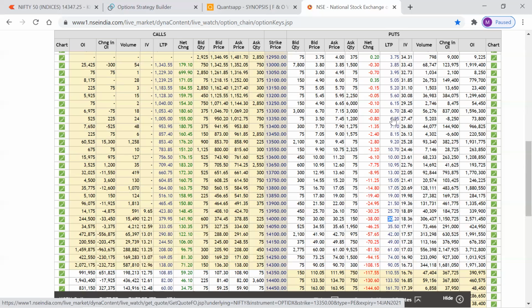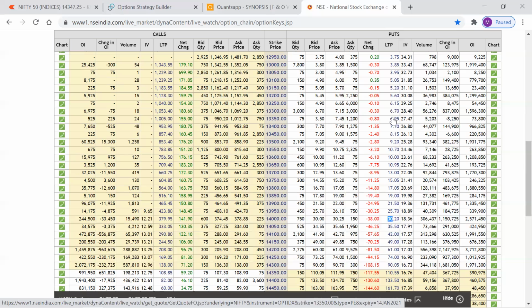So do not choose deep out of the money put strikes when you're dealing with the long put option strategy. I repeat, the more deep OTM strikes you choose, the more bearish you are. The premiums of out of the money strikes will be very cheap, but do not be tempted by those cheap premiums.